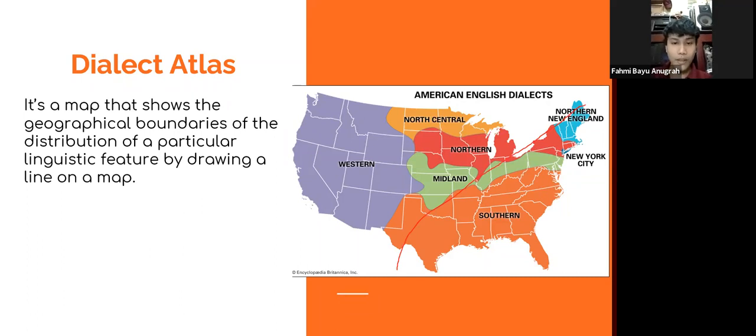And in the border between the two divided areas, they mostly use you all without being cut. And then the word highway is often used only in this part, as you can see in the map. And then this part uses freeway. And the rest of them use both.